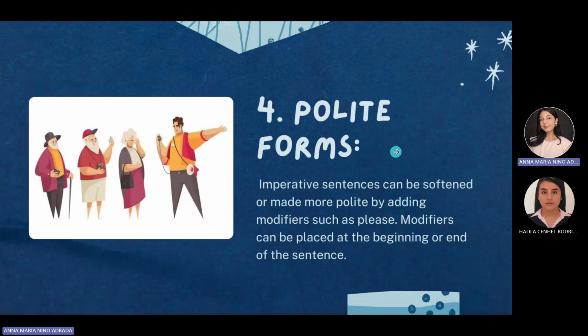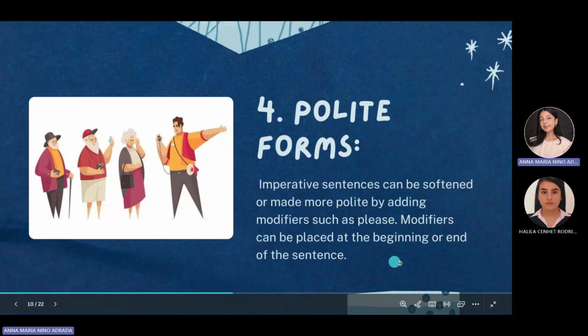For the fourth, we have polite forms. Like you can see in the image, this gentleman is showing instructions on what to do. Imperative sentences can be softened or made more polite by adding modifiers such as the word please. Modifiers can be placed at the beginning or at the end of the sentence.